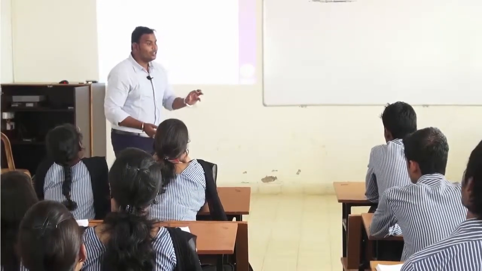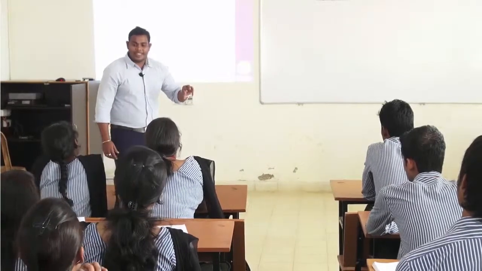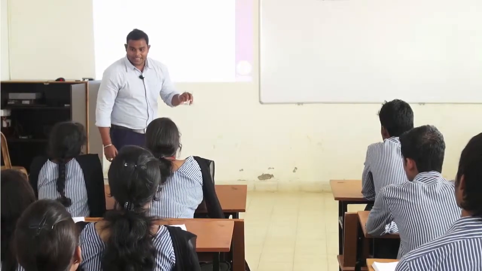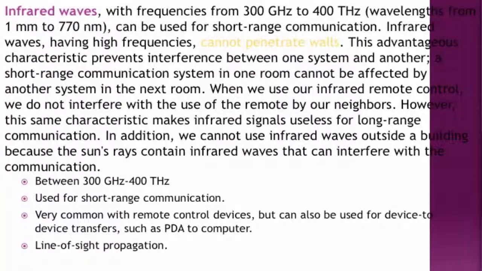So for communicating within a room, or in short range, we use infrared wave. Clear? This is line of sight propagation, meaning the sender and receiver have to be visible to each other, then we can use this wave.